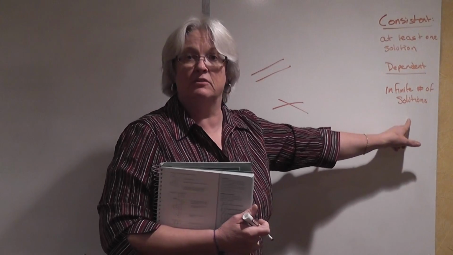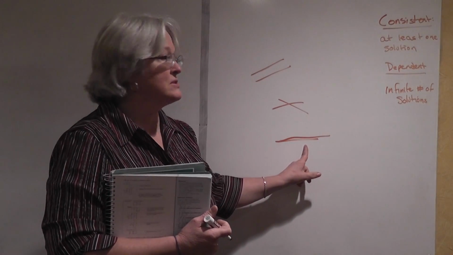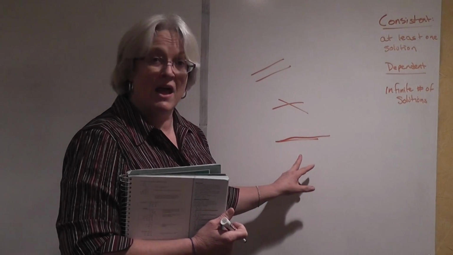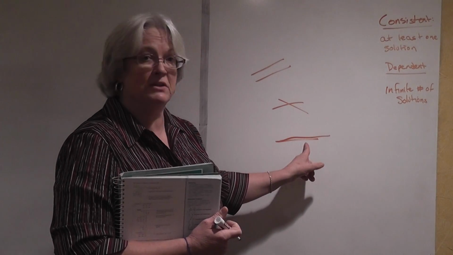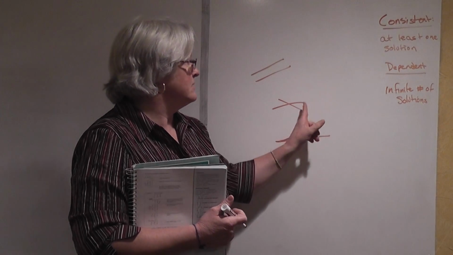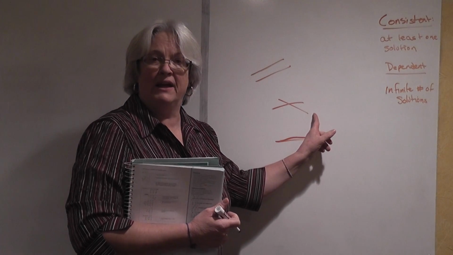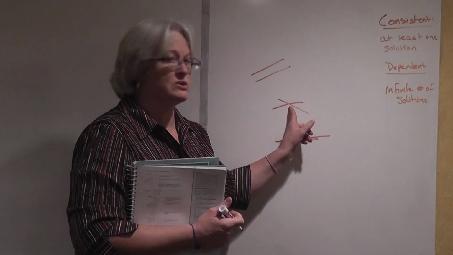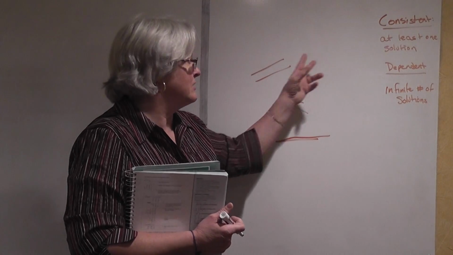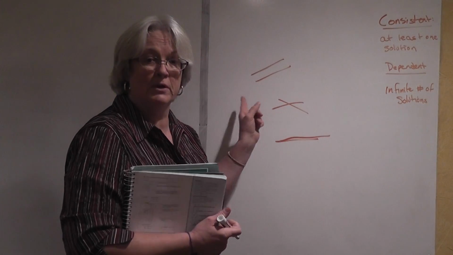If it has an infinite number of solutions, then it is both consistent, meaning that it has a solution, and dependent, which means that it has an infinite number of solutions. If it is consistent, having a solution, and independent, it has one solution. If it is inconsistent, that means that there are no solutions and it's parallel.